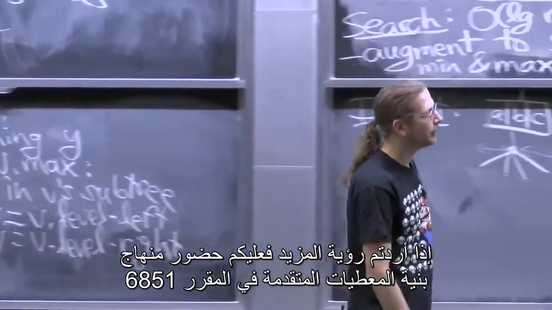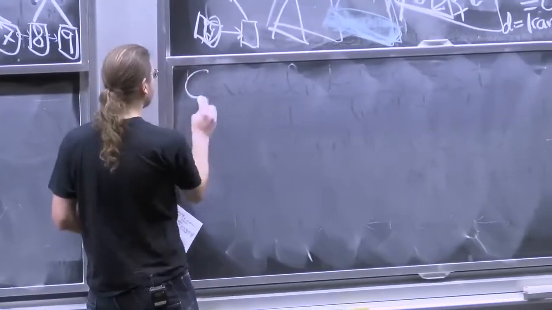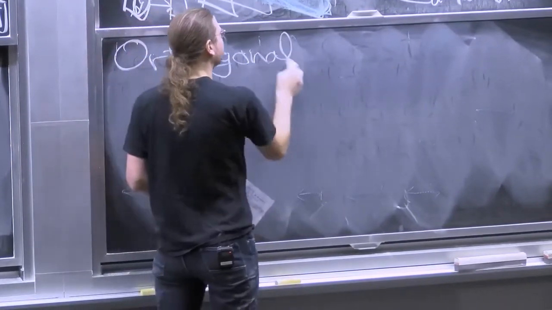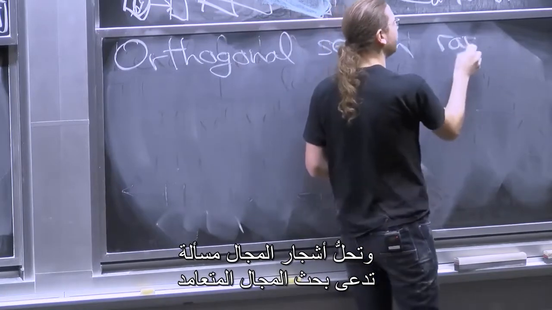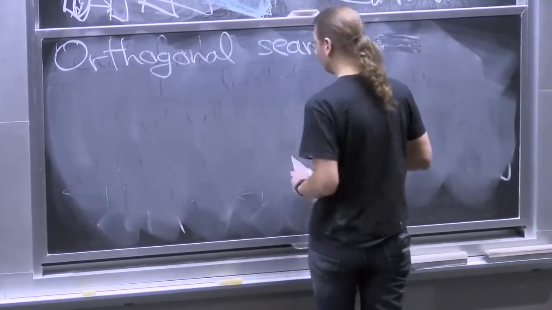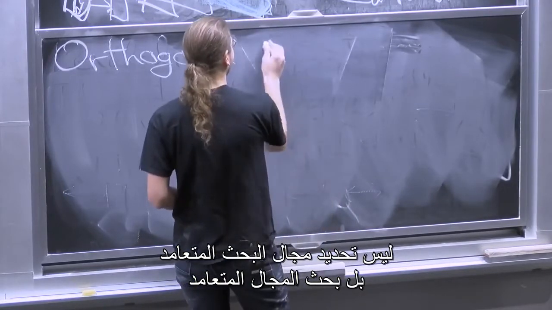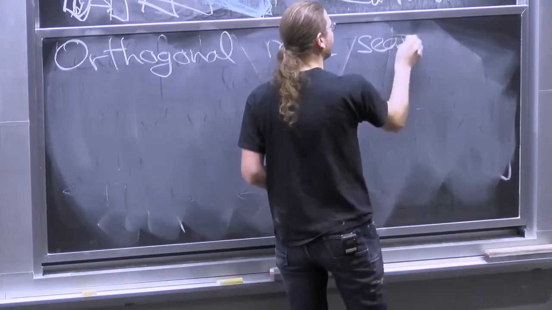If you want to see more, you should take Advanced Data Structures 6.851. And range trees solve a problem called orthogonal range searching. Not orthogonal search ranging. Orthogonal range search.